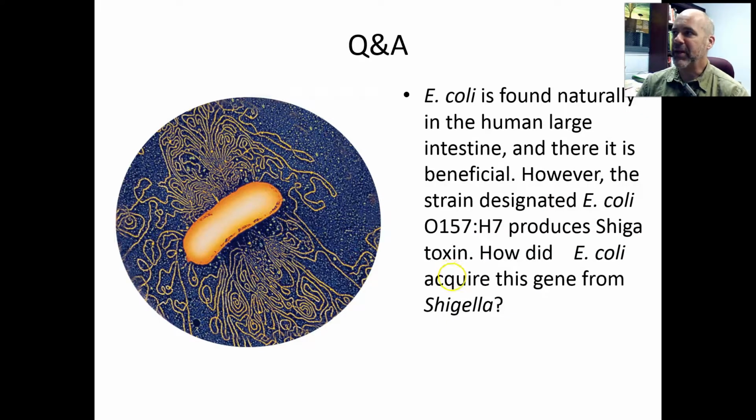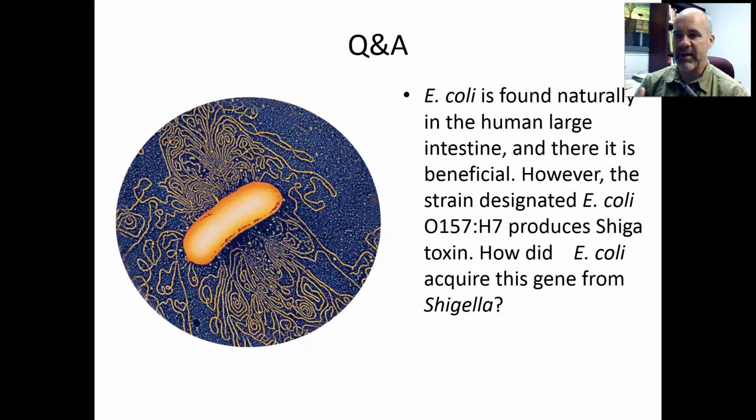All right, here's a little Q&A for you. This is a true story. E. coli, Escherichia coli, is a bacterial organism that's naturally found in the colon, the human large intestine. And even though we hear negative things about it sometimes in the news, it's generally a beneficial organism.